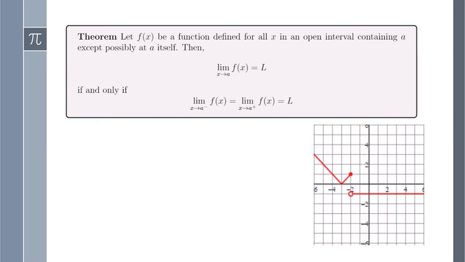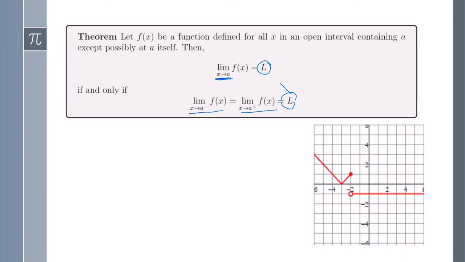So the limit of f of x as x approaches a equals L if and only if the left hand limit equals the right hand limit and equals L. Otherwise, we say the limit does not exist.